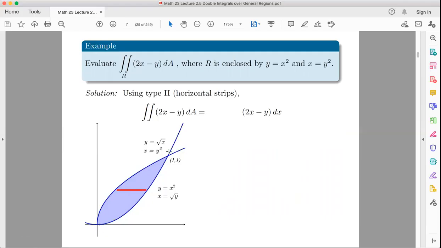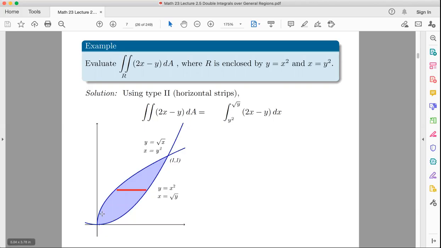For the upper limit, the rightmost, we must have x equals something. So coming from y equals x squared, we solve for x, and we get x equals plus or minus square root of y. Now, since we are in the first quadrant, we consider x to be the positive square root of y. So the lower limit is y squared, the upper is square root of y.